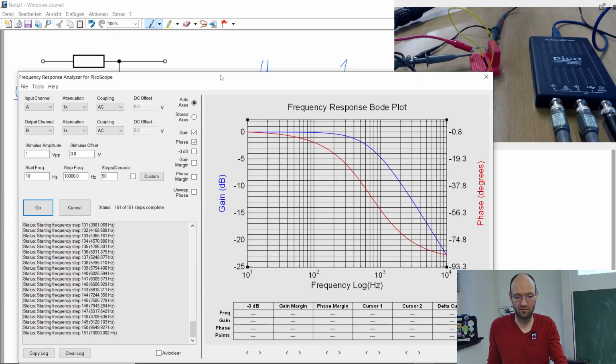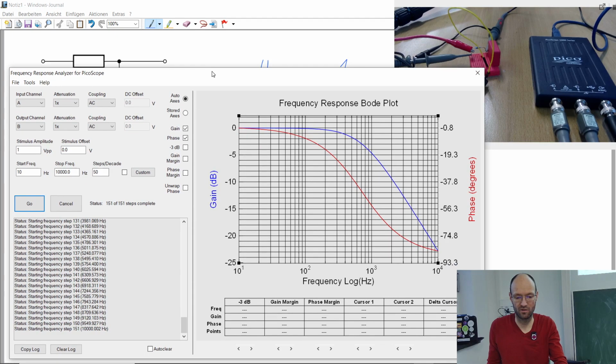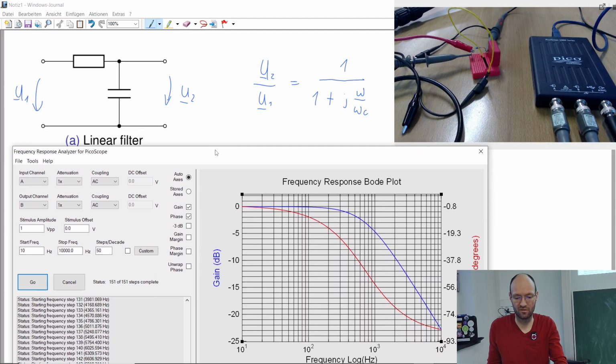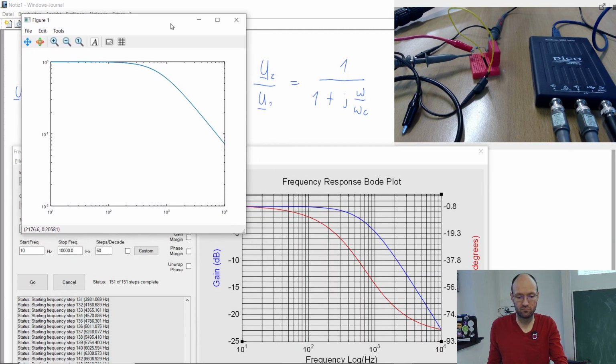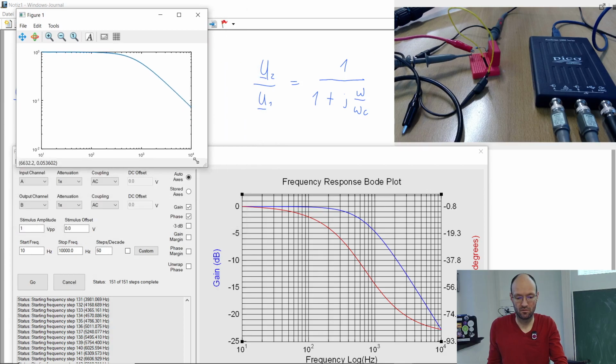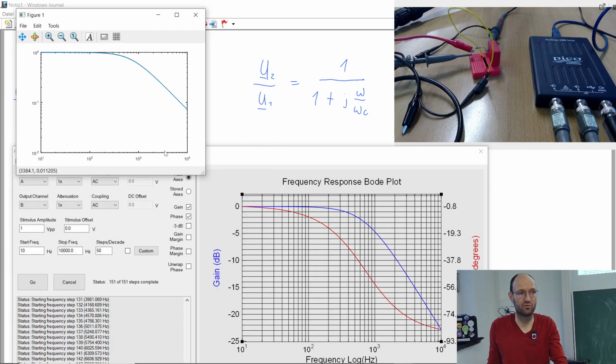If I move this down a bit and search for the transfer function that we have calculated from this filter, it looks fairly similar. This is not yet scaled in dB.